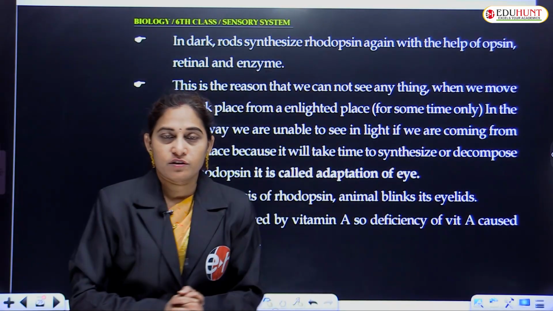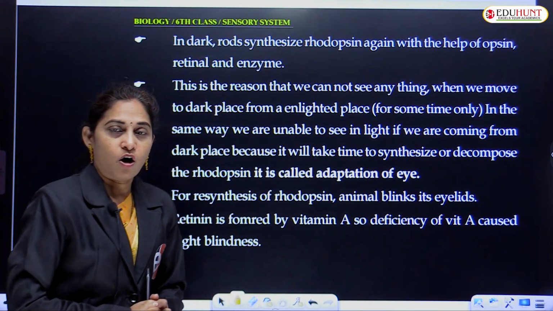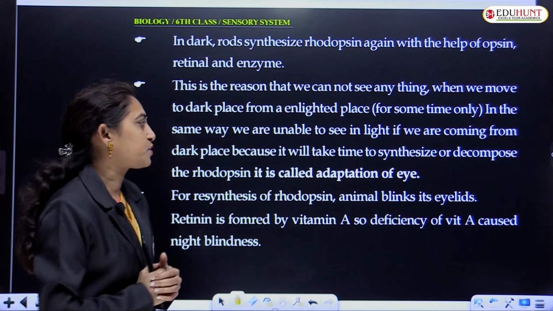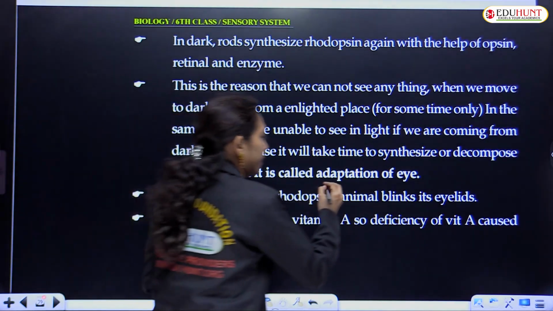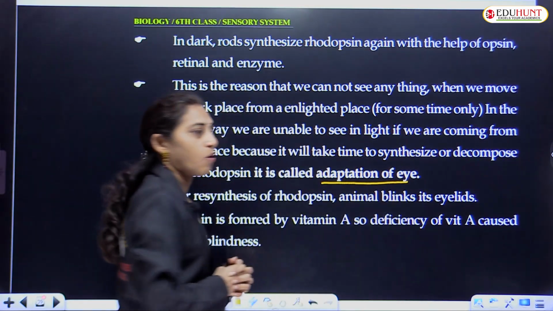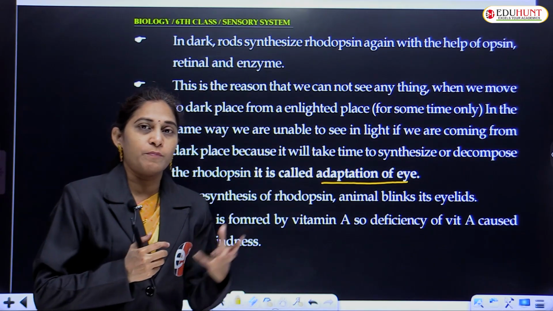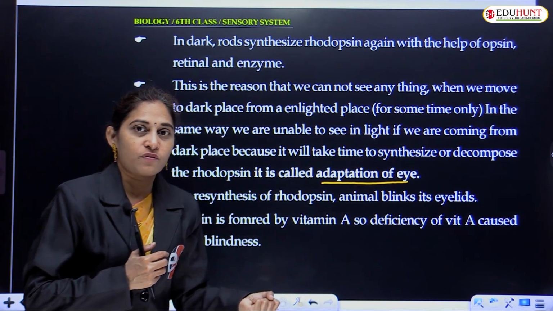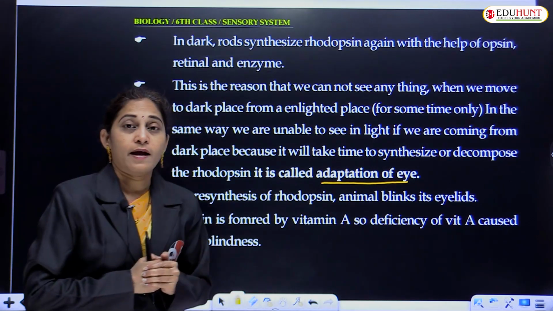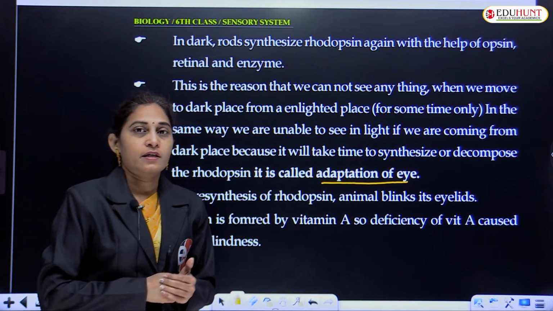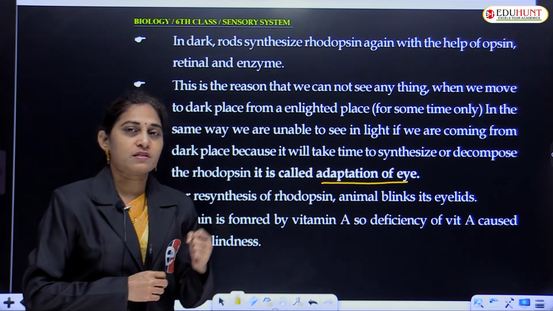This change, decomposition or synthesis of this rhodopsin, is called adaptation of eye. Adaptation of eye ante bright light lo unnappudu decomposition of rhodopsin, and when we move from bright light to dark, it takes some time to synthesize rhodopsin.